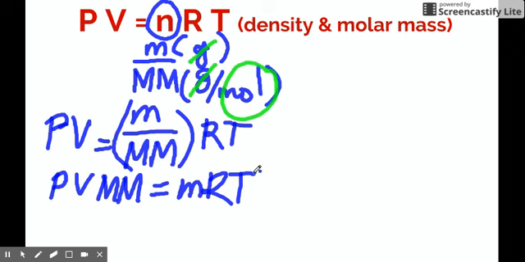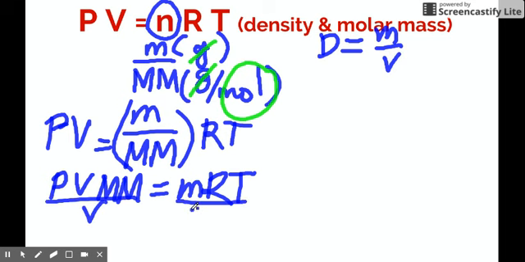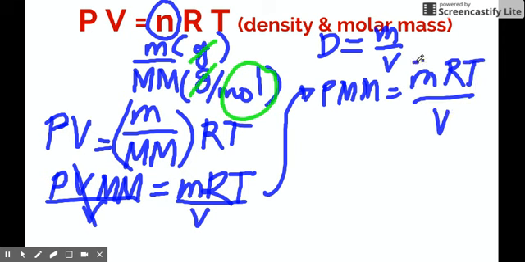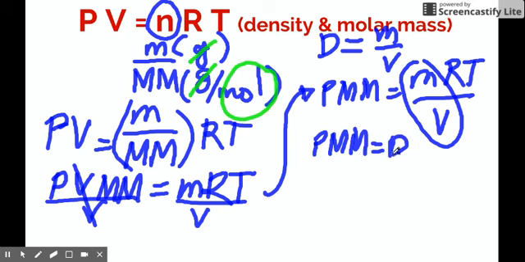Because our goal is to get density, and density is mass over volume, we transfer volume to the other side so that we get the mass over volume expression. So this becomes P times molar mass = mRT over V, in which mass over volume is the expression for density. So this becomes P times molar mass = density times R times T.